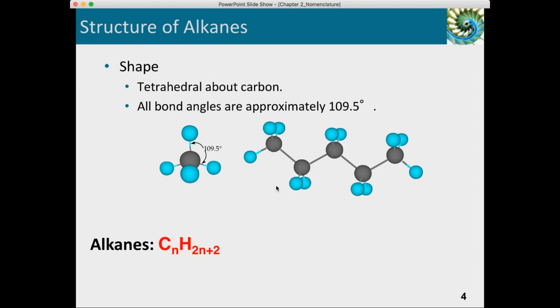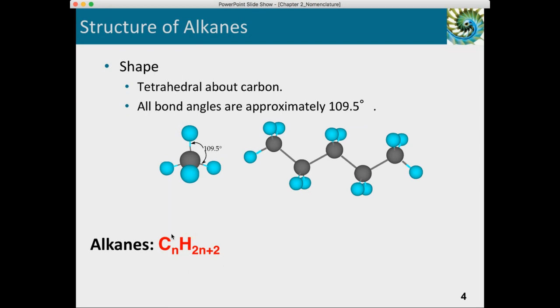So the summary of this is that because of this free rotation around the single carbon-carbon bonds, the molecules can be in many different shapes or 3D arrangements, which we will call conformations. So that's a distinctive feature of alkanes: free rotation around every carbon-carbon sigma bond, which allows them to have multiple conformations.